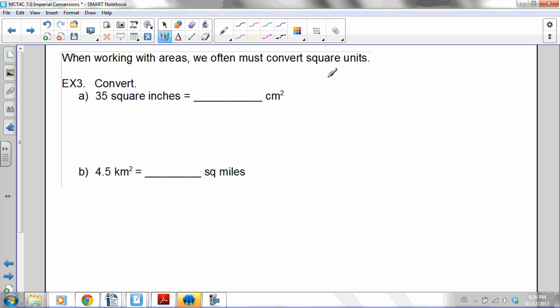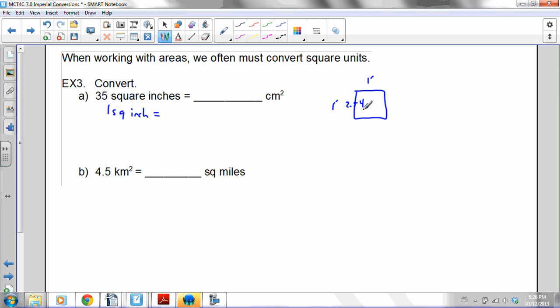When working with areas, we often must convert square units. So 35 square inches is how many centimeters squared. So obviously sometime in the chapter we're going to be working with areas. Well, what's 1 square inch worth? So if that's 1 inch and that's 1 inch, how many centimeters squared is that? Well, I know that 1 inch is 2.54 centimeters.